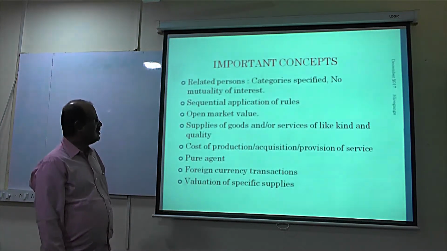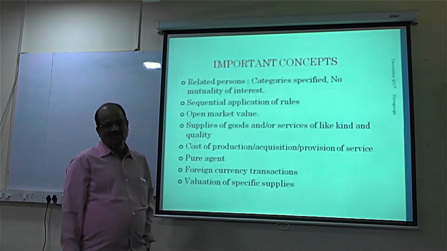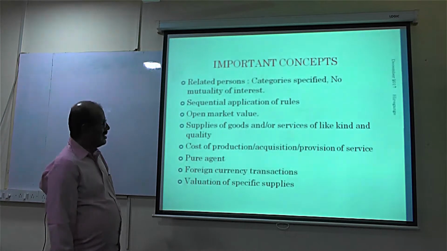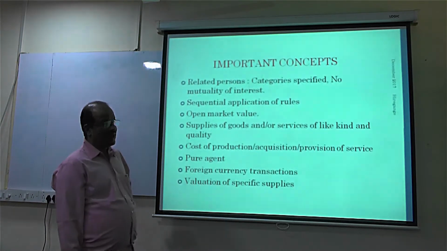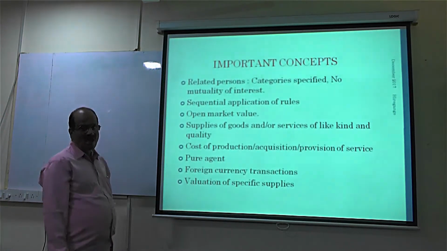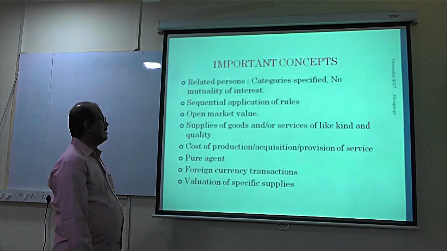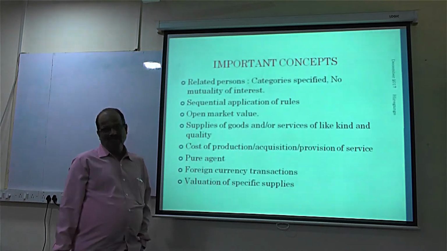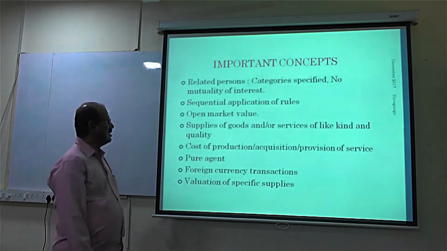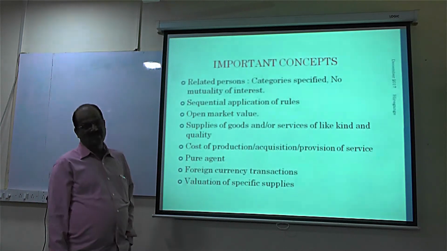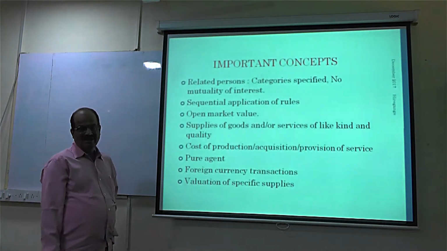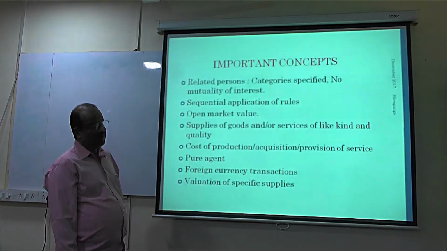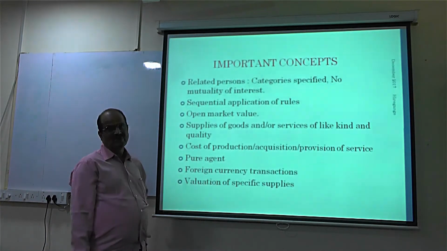When a transaction is between two related persons, the value cannot be determined under the main section and valuation rules have to be applied. The related person concept, and in such cases the inadmissibility of transaction value, was there earlier also in central excise law, and it is there in customs law also.